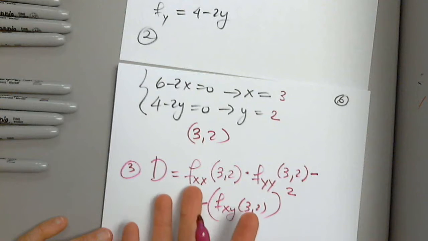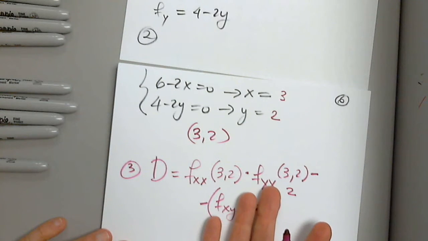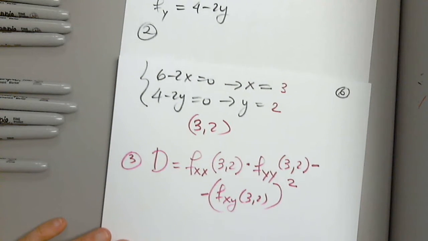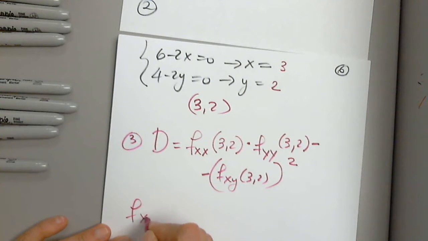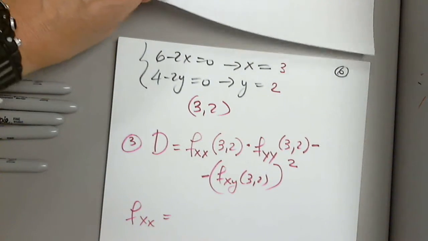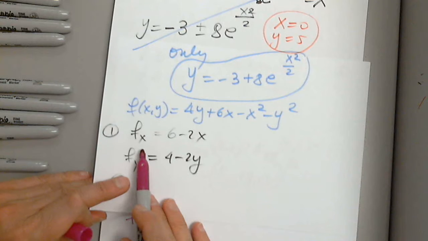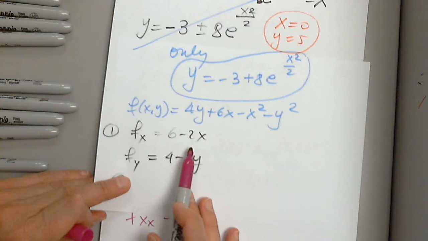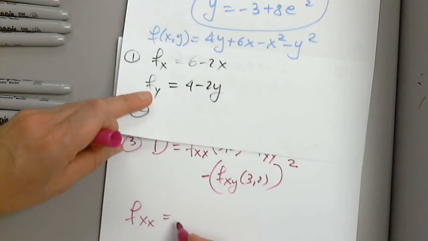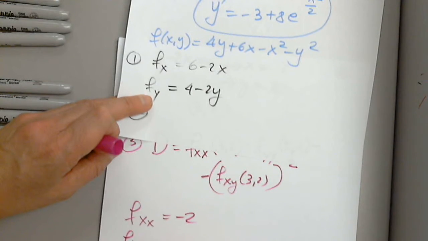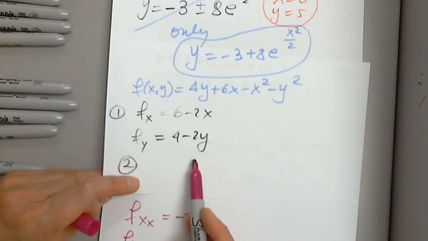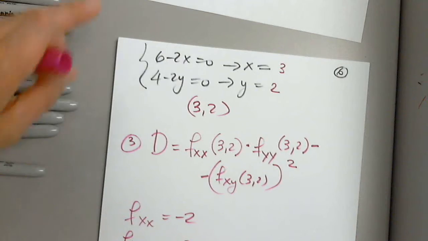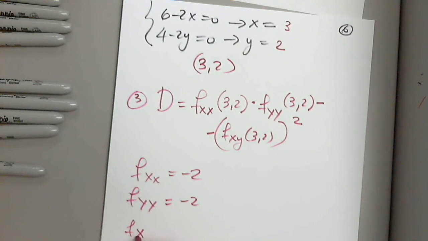I don't have fxx, I don't have fyy, and I don't have fxy. Ready? So let's find fxx. We have to go back to fx. And what is fxx? Very good. What is fyy? -2. And then what is fxy?